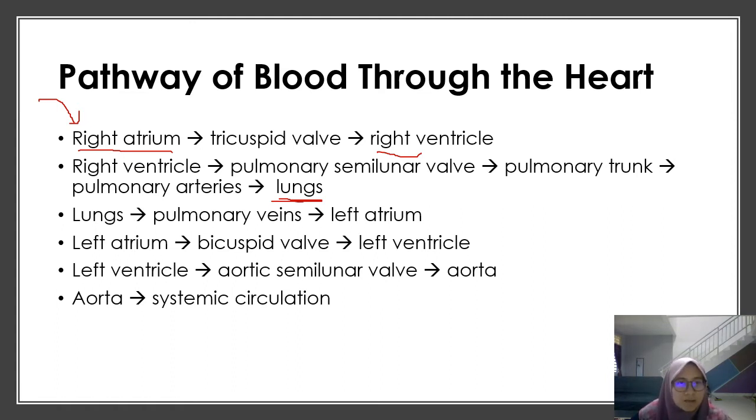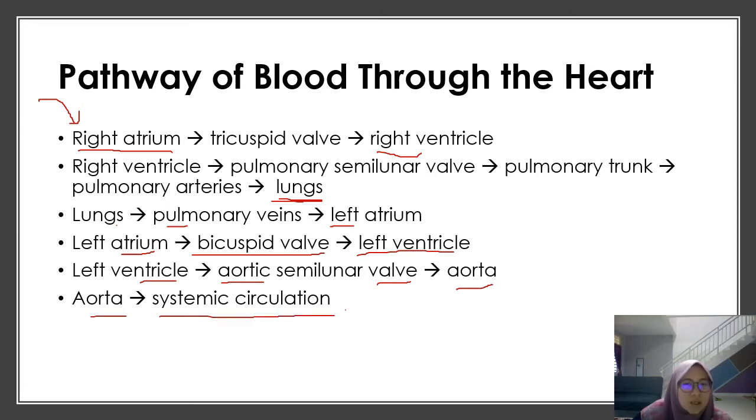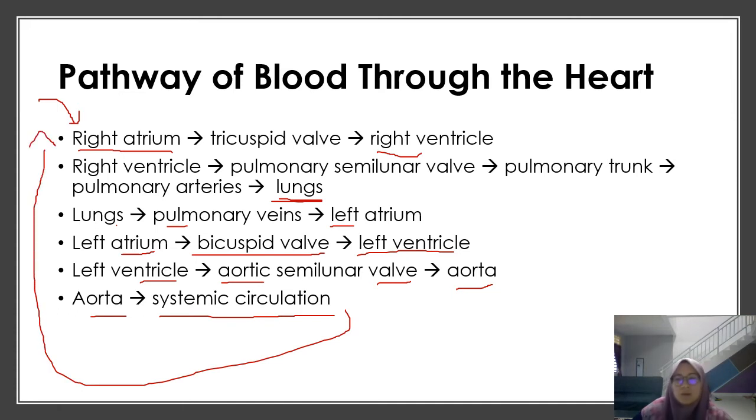From the lungs, it goes to the pulmonary veins, to the left atrium. From the left atrium, it passes through the bicuspid valve to the left ventricle. From the left ventricle, it passes through the aortic semilunar valve to the aorta, and from the aorta to the systemic circulation, and then back to the right heart.